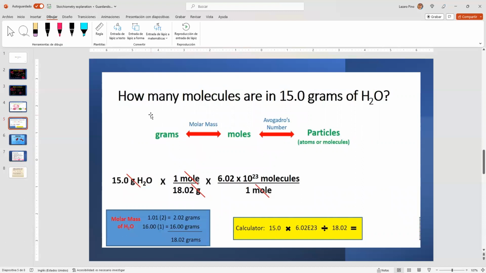For example, in this case, you need to go from grams to number of particles.